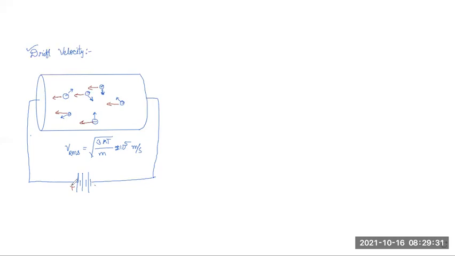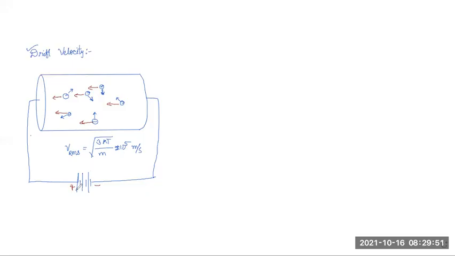Not only the direction, it also takes care of the speed, the velocity with which these electrons are directed towards one end of the battery terminal.